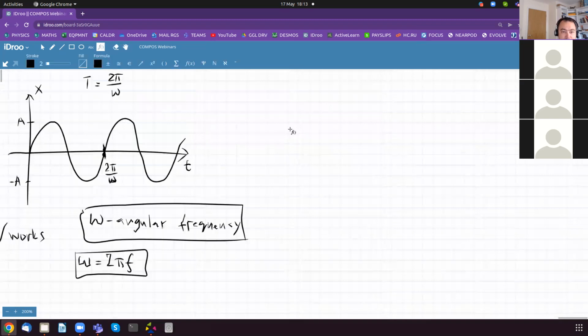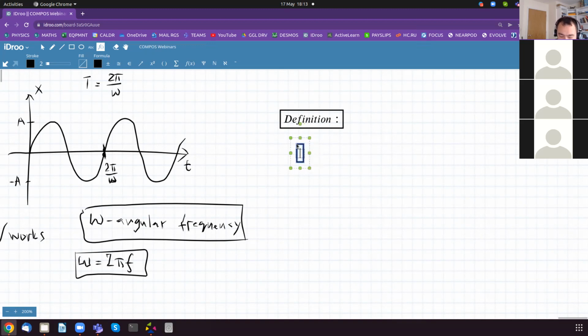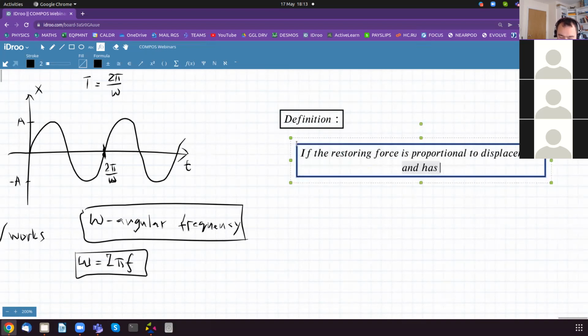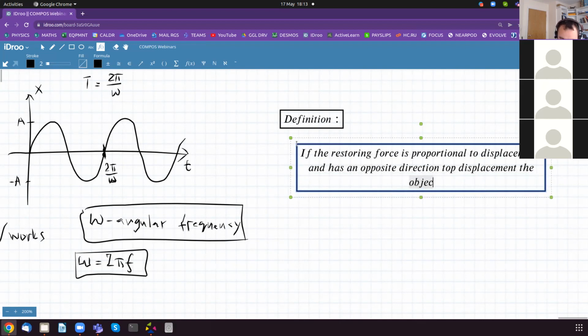And we need a definition of simple harmonic motion. Definition: if the restoring force is proportional to displacement and has an opposite direction to displacement, the object will perform simple harmonic motion.